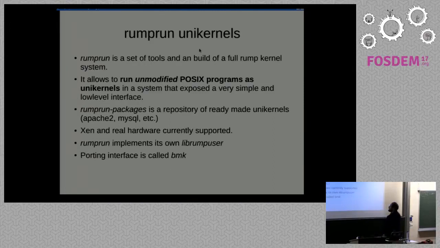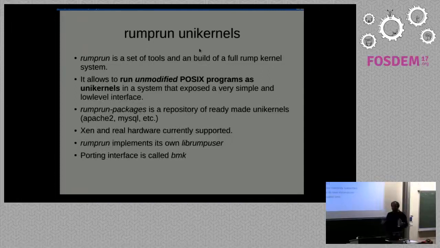So what is it? This is not the rump kernel, this is rumprun. Rumprun is for unikernels, and essentially it is a complete build of the rump kernel, and it also has tools to create images based on that. When I saw rumprun, I said, oh, that's easy, I can just use librumpmrg.